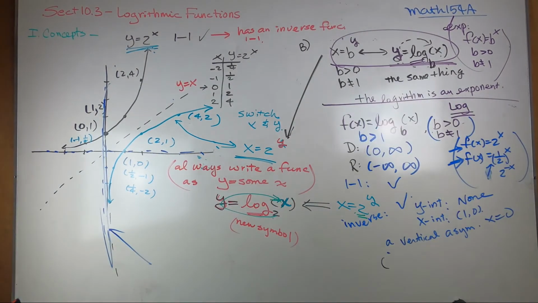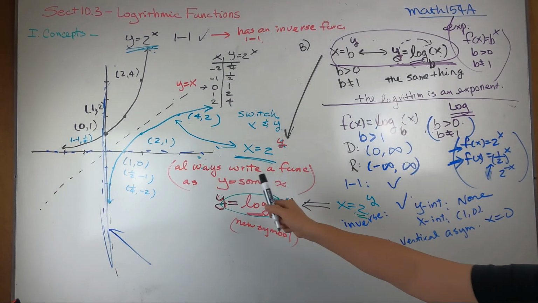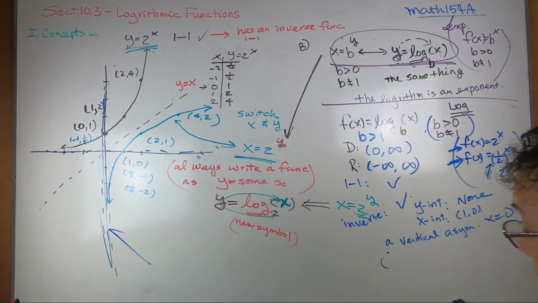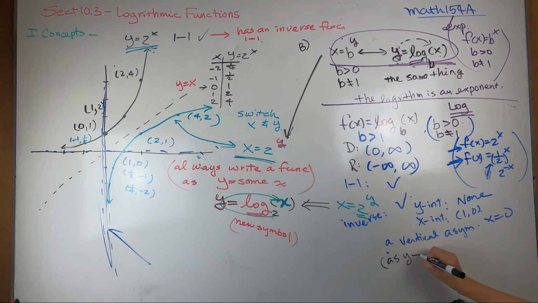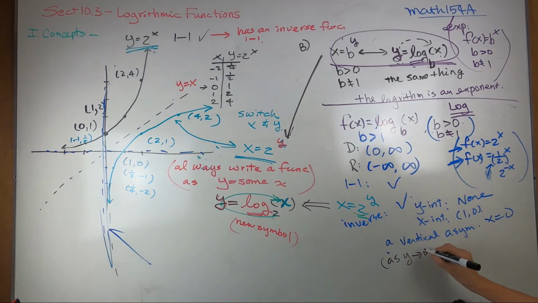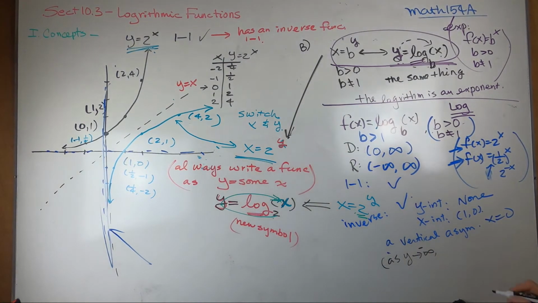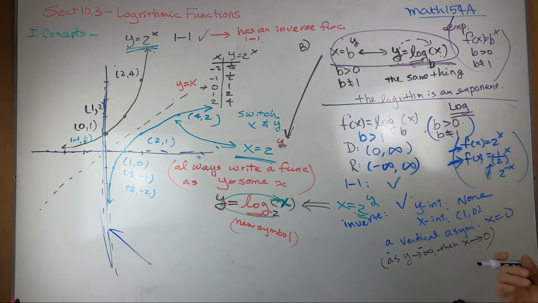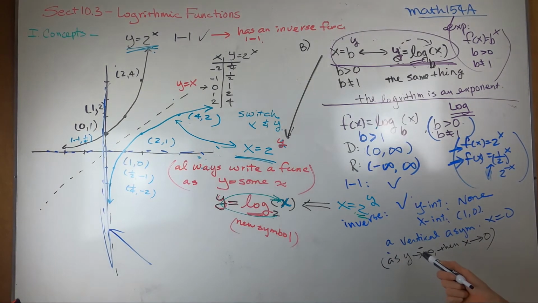So when the y is getting closer to there, that means as x approaches 0, y approaches negative infinity, okay? So that would be the difficulty for your pre-cal and cal, the infinity concept.